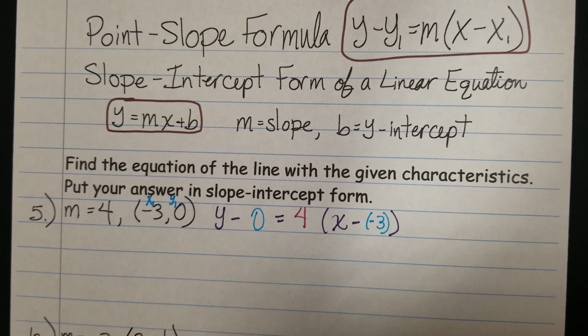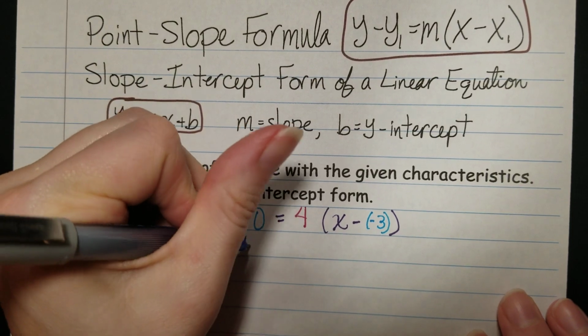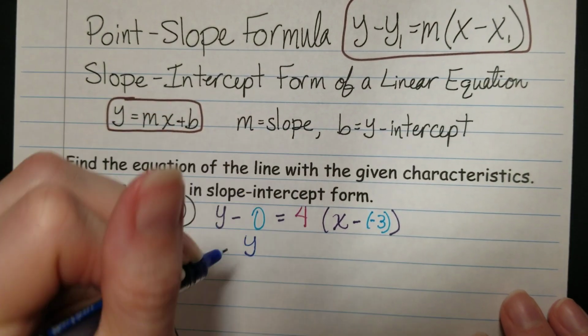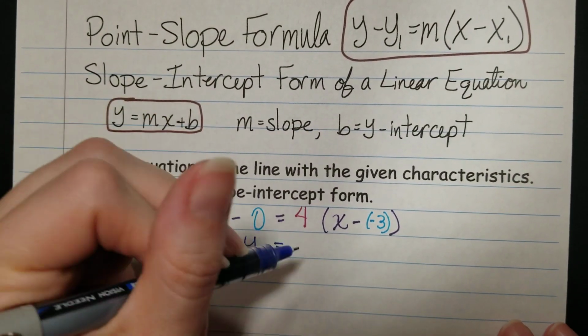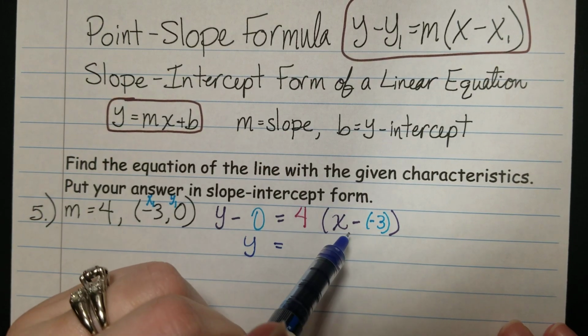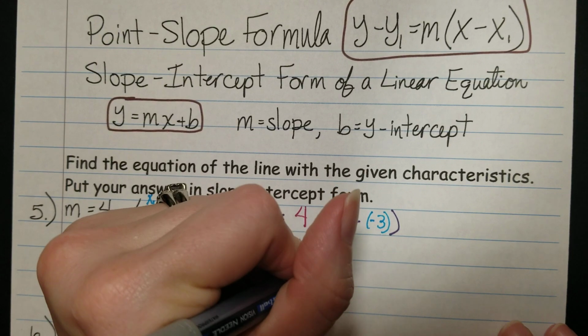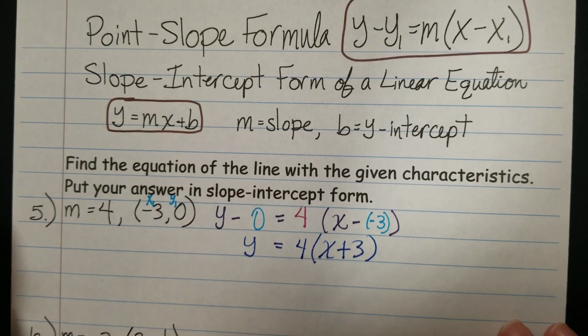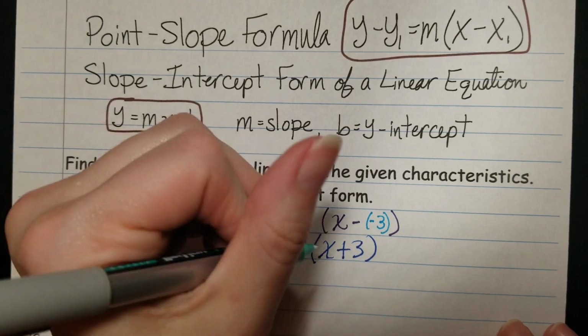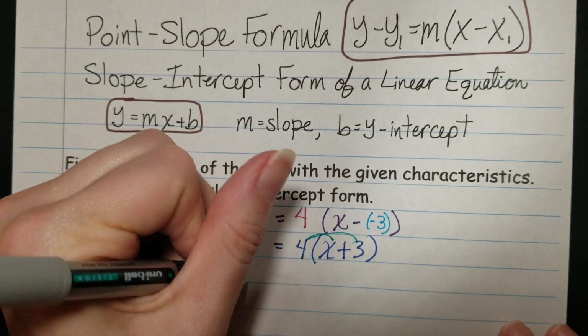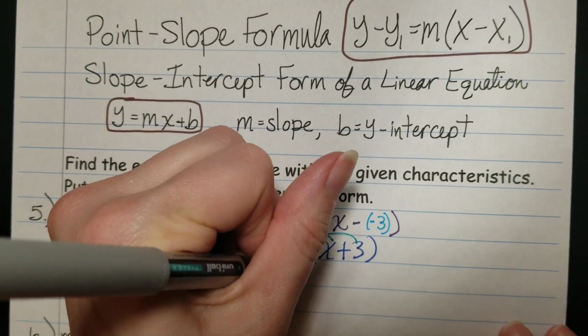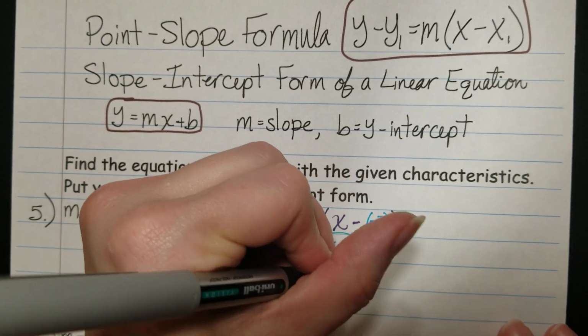Then y minus 0 is just y equals, and minus a negative turns into a plus, so it's going to be 4 times x plus 3. Then I'm just going to distribute the 4. So that's going to make it y equals 4x plus 12.